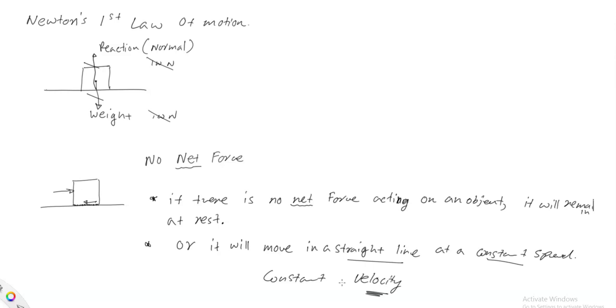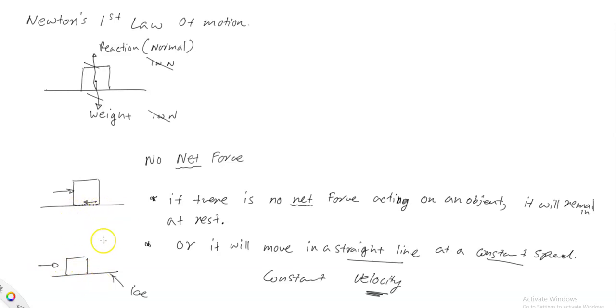A close example is, think about a very smooth surface, like a well polished surface, or like ice, very flat ice, a layer of ice. If you put this box here on a very smooth ice surface, you have this box, you give it a push.